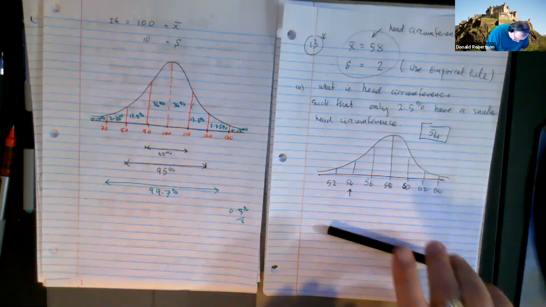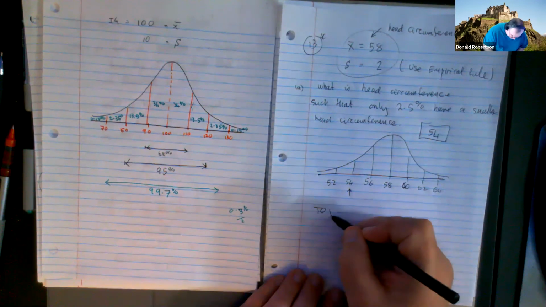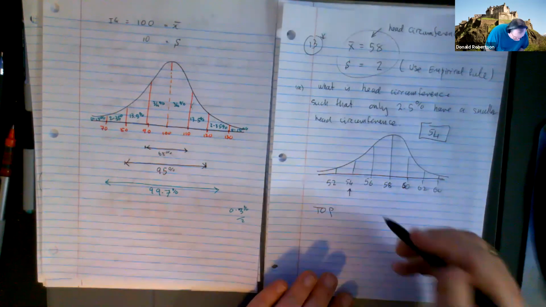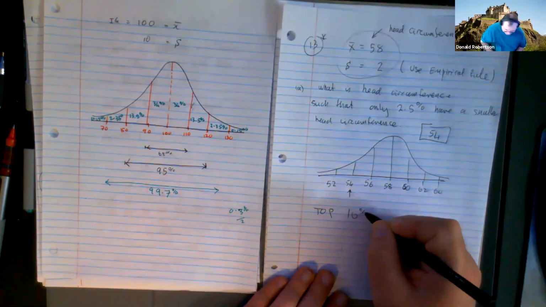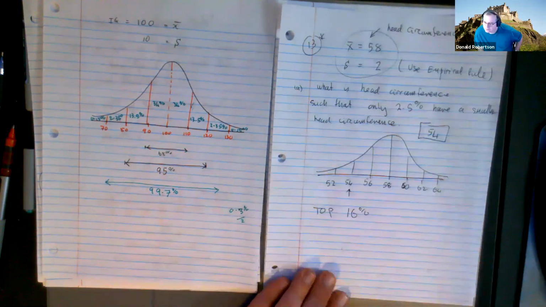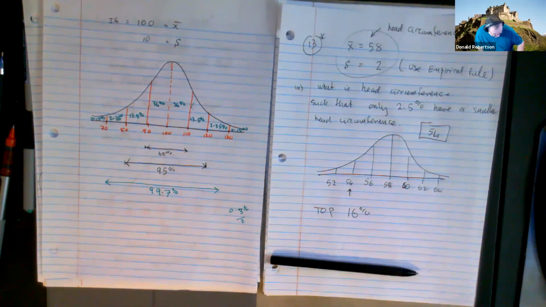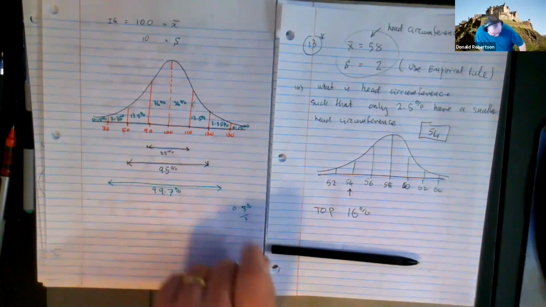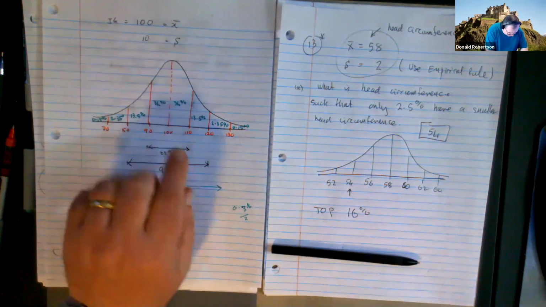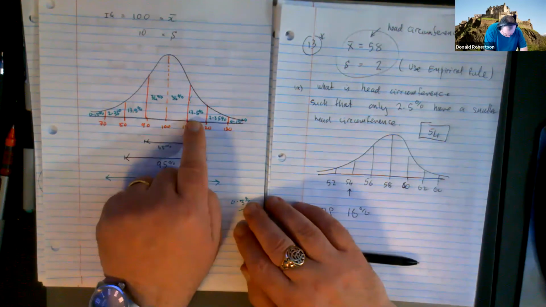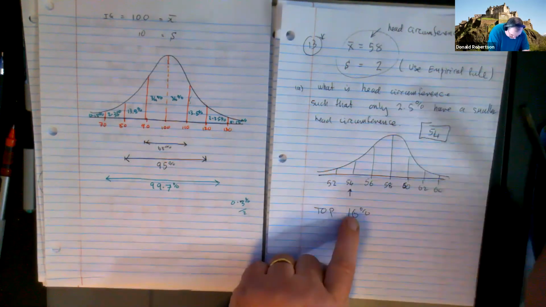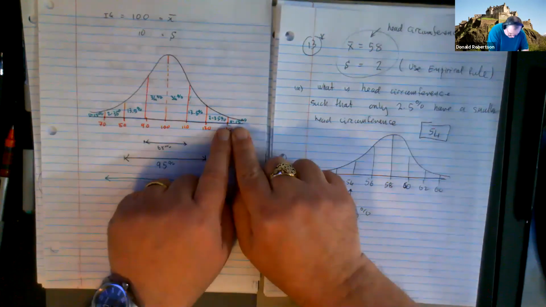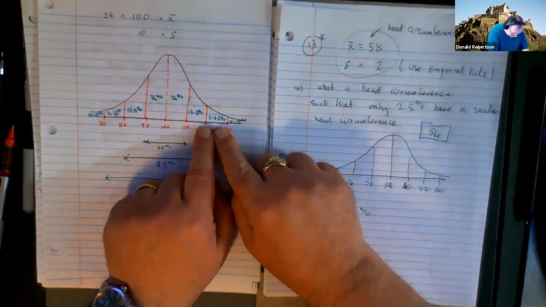Okay. I want to know what head circumference do you need to be in the top 16%? If you look at this table, where does the top, right? It's this guy, this guy, this guy, this guy, right? How far along do you go before you get to the 16%? Well, let's see. 0.15, if you add that, you get 2.5.